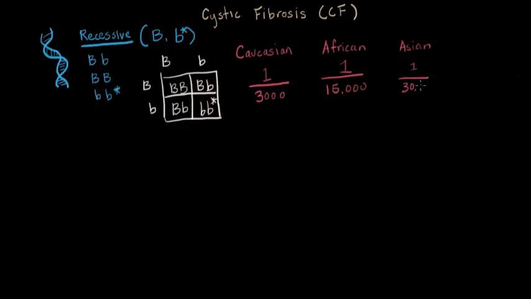Now these numbers, of course, change all the time, but the point is that the more frequent a gene is in a population, the more chances of you getting little b. So what is actually defective about the CF gene is that it's a gene that controls the transport of two ions. One is chloride, and the other one is sodium. This is the chemical symbol for sodium.